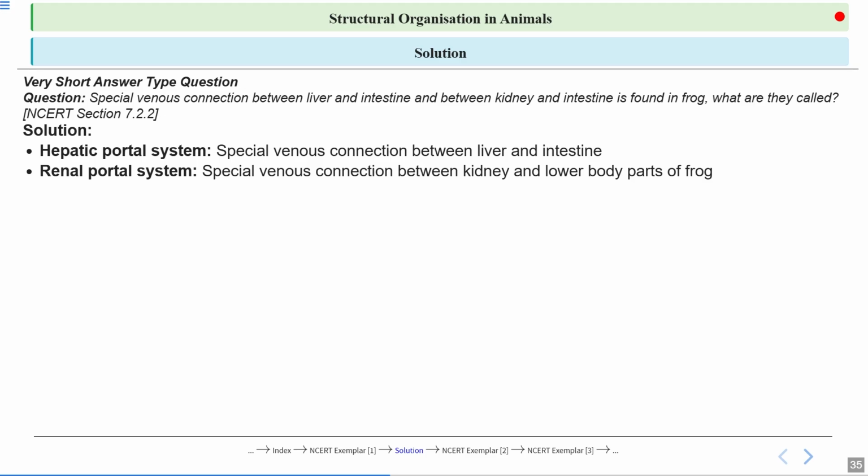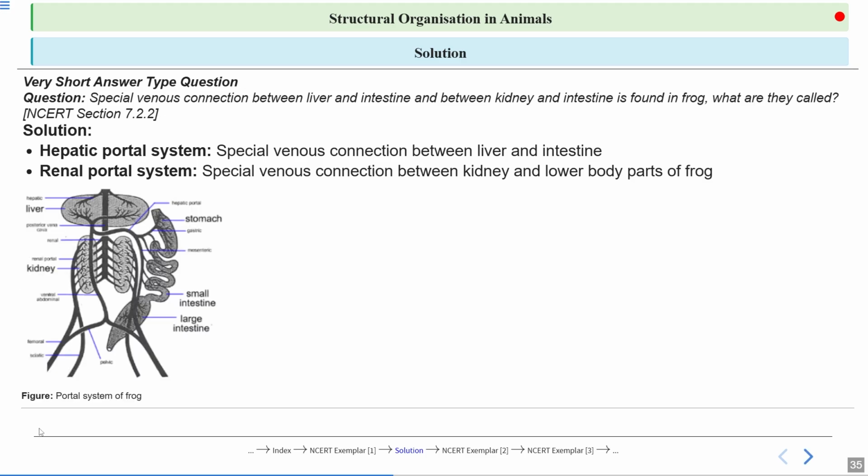Where does this renal portal vein go? It goes to the renal. What does the term renal mean? Renal means kidney. So that renal portal vein enters inside the kidney.